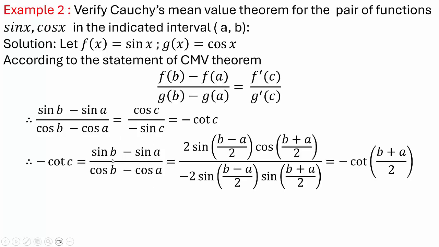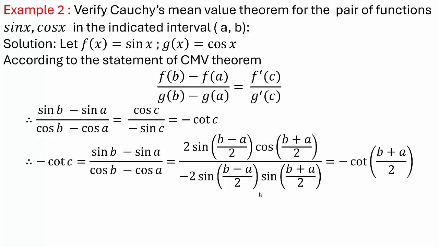Sin of b minus sin of a can be written as 2 times sin of b minus a by 2 into cos of b plus a by 2. And cos b minus cos a can be written as minus 2 times sin of b minus a by 2 into sin of b plus a by 2. Sin of b minus a by 2 gets cancelled, 2 gets cancelled, which becomes cos of b plus a by 2 divided by sin of b plus a by 2 with a minus sign.